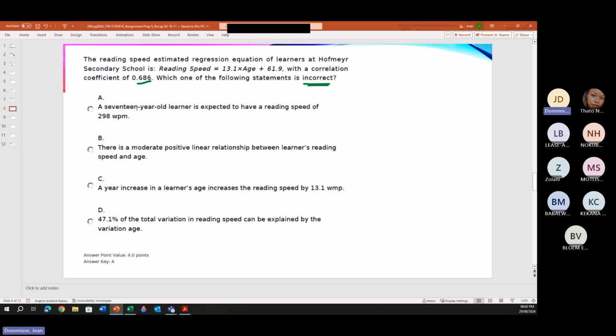Okay, a 17-year-old learner is expected to have a reading speed of 298. So what we need to do here is solve for reading speed. They tell us how old the learner is, so we know the age is 17.